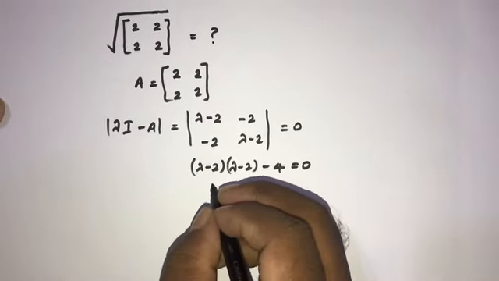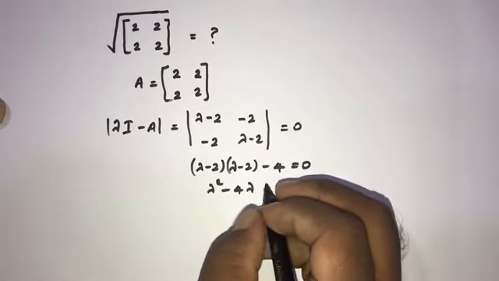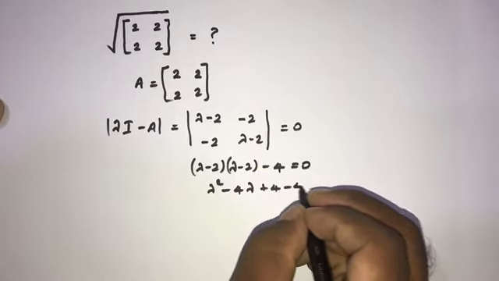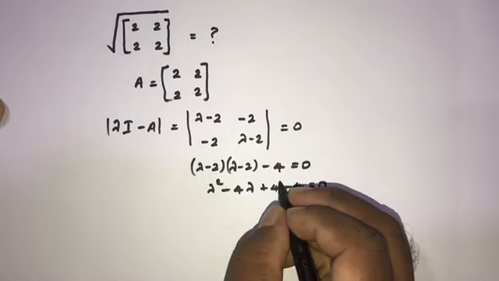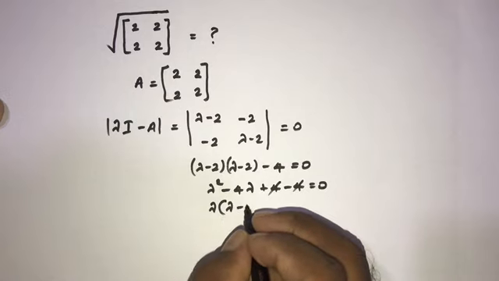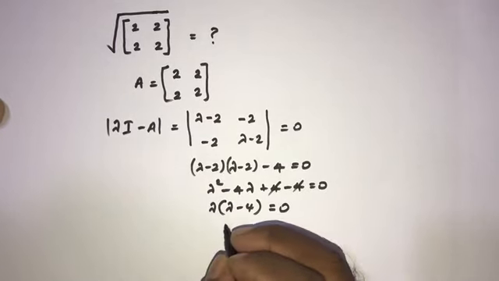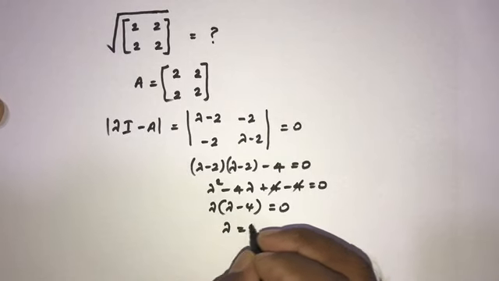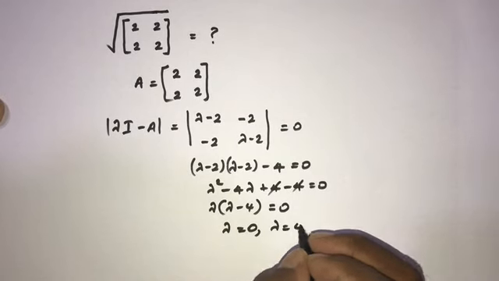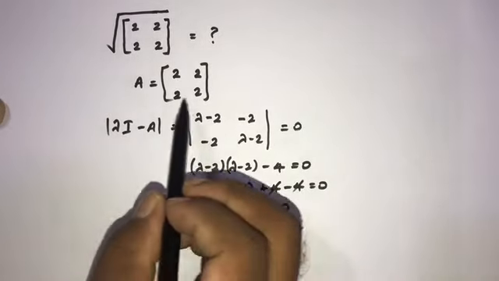Now lambda squared minus 4 lambda plus 4 minus 4 is equal to 0. The 4 cancels and we can write lambda times lambda minus 4 is equal to 0. So the eigenvalues are 0 or 4. Now we have two distinct eigenvalues, so it's a diagonalizable matrix.